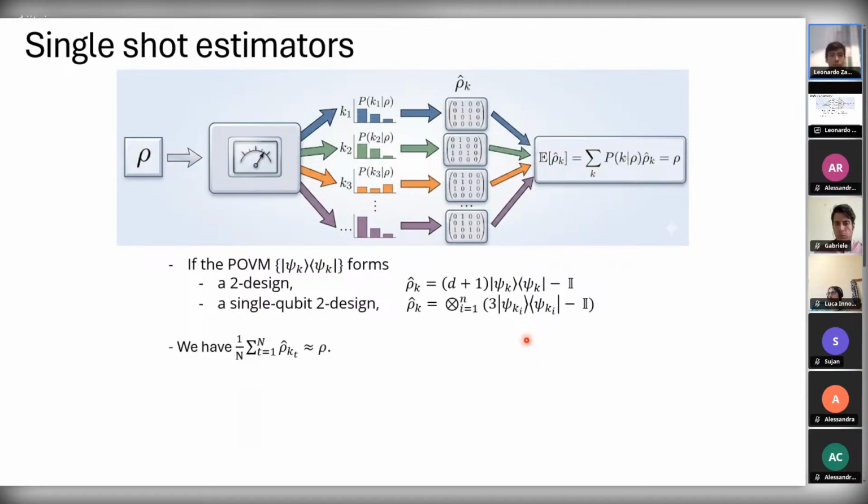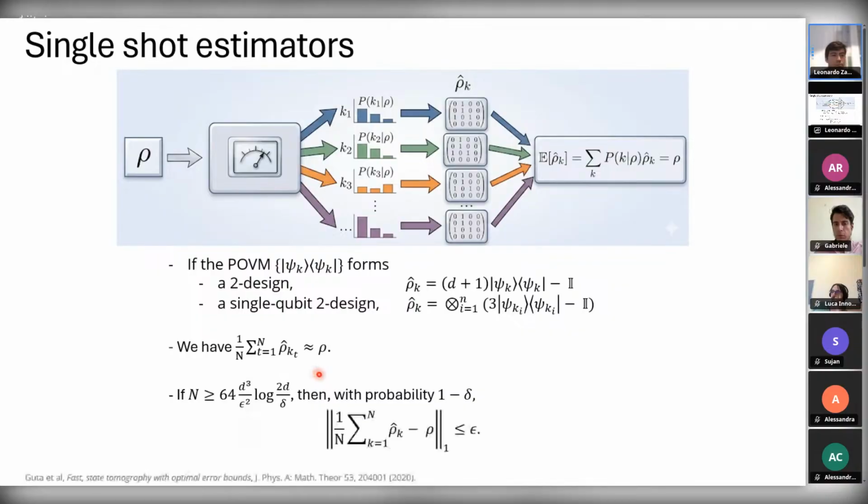Now, obviously, this single shot matrix is going to be a terrible approximation of the actual state. It has a huge variance because it comes from only one photon or one qubit measurement, not even a positive matrix. So in the IID setting, what you can do to improve the quality is add many of these matrices. And if we add sufficient matrices, we have convergence to the state rho.